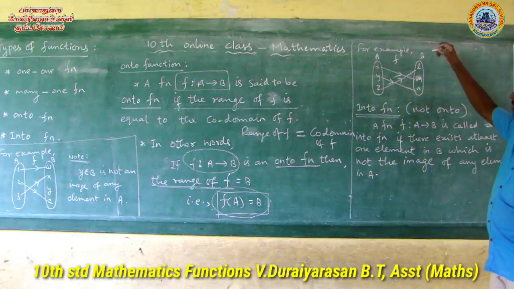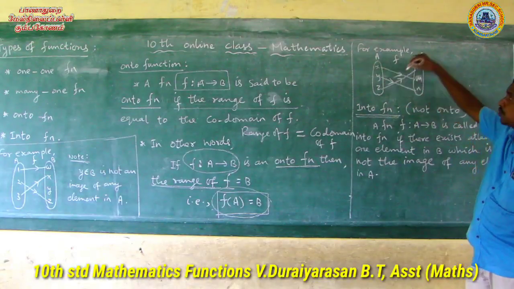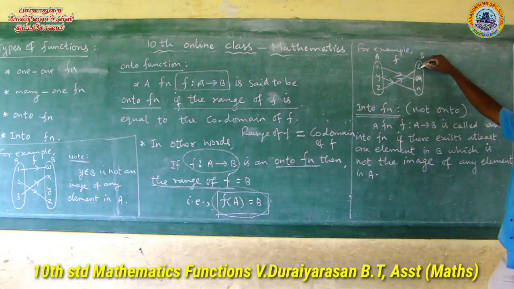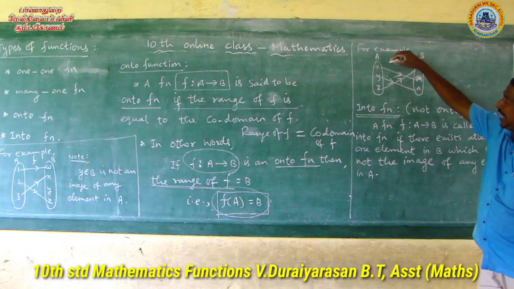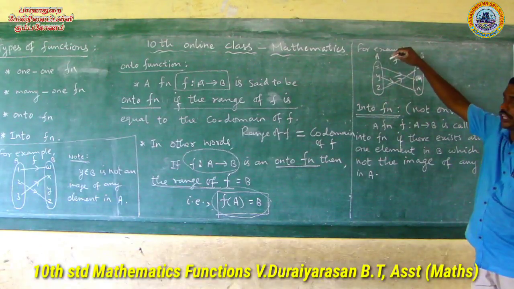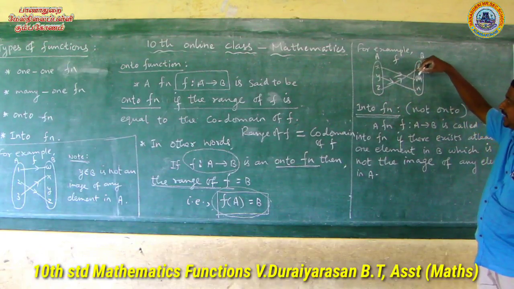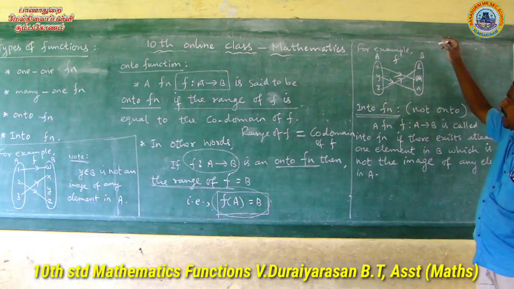The domain values are x, y, z, and the codomain values are L, M, N. The pre-image of M is x. The pre-image of N is y.